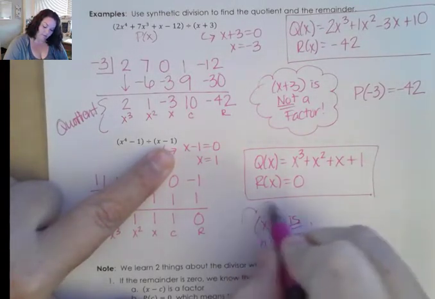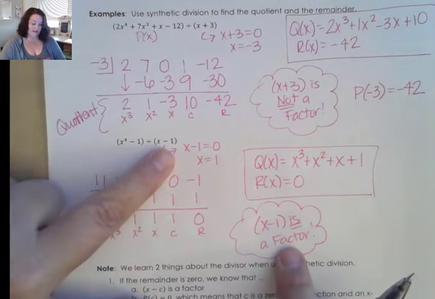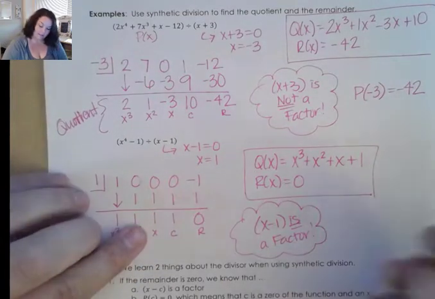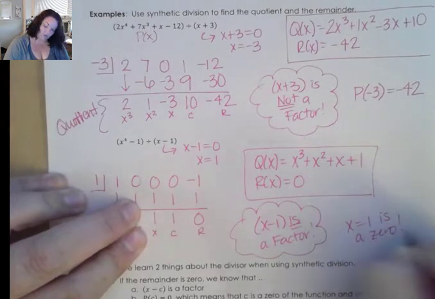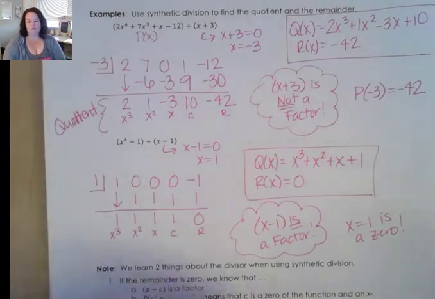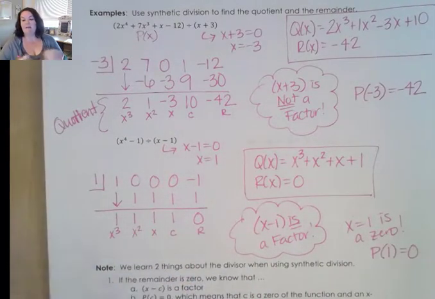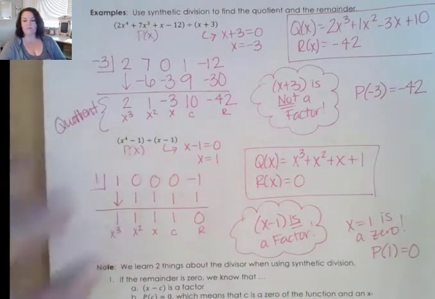Okay, we determine that. And if x minus 1 is a factor, that means its solved version, 1, the number we put in our little box, x equals 1, is a 0. Or in other words, if I were to plug p of 1 into my function, I would get 0, assuming that this is my original p of x polynomial.